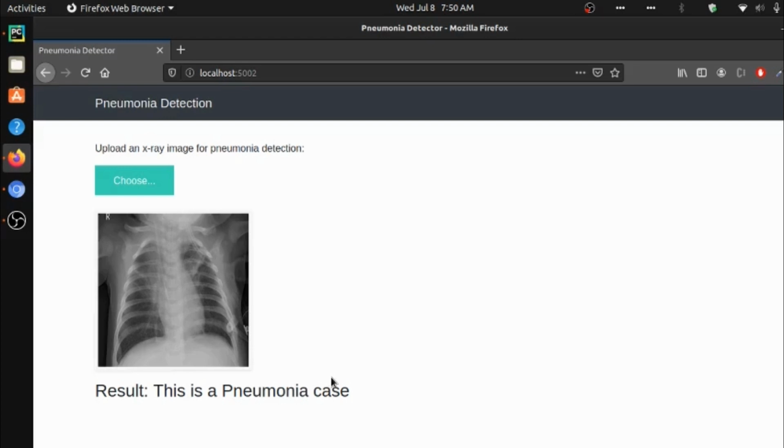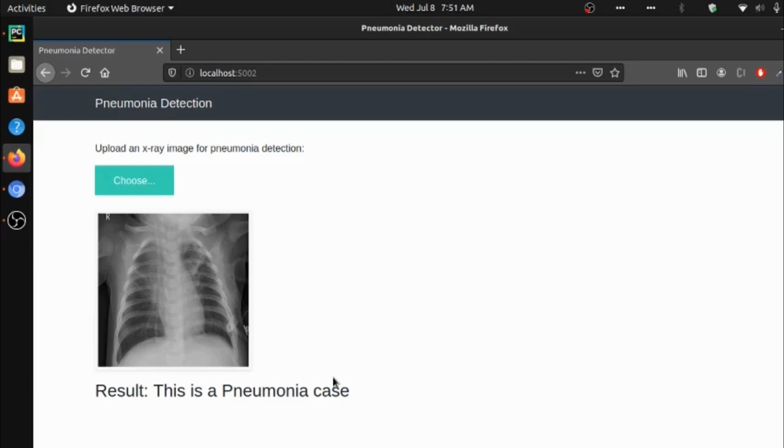In this web application, we have successfully solved the problem where an image of any format and any size can be uploaded, and our application can be used to predict whether that chest x-ray scan is pneumonic or not.